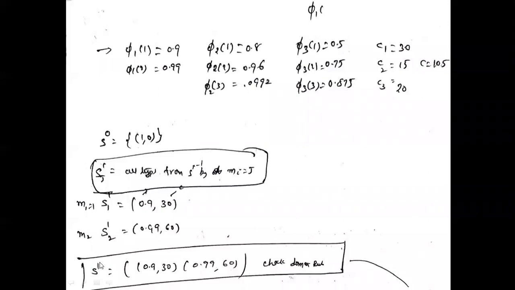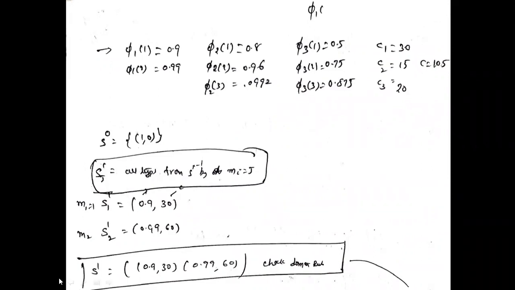S power 1 means in the first stage, the first tuple represents the number of devices as 1, and the cost is 30. Reliability: if the number of devices in the first stage is 1, the reliability is 0.9.